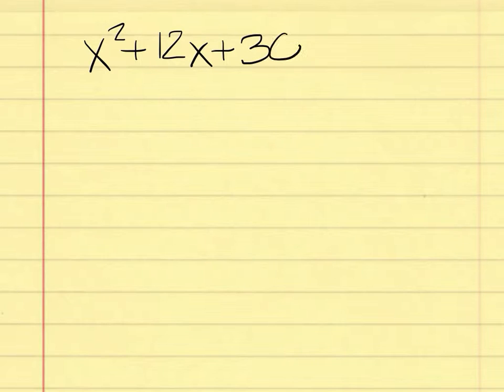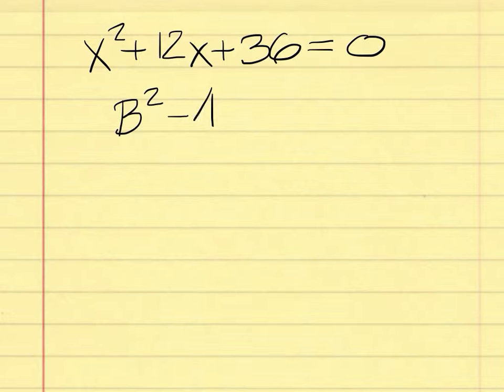The following is an example problem. For this problem it is x squared plus 12x plus 36 equals 0. We want to use b squared minus 4ac to figure out how many solutions this problem has. What is b? 12.